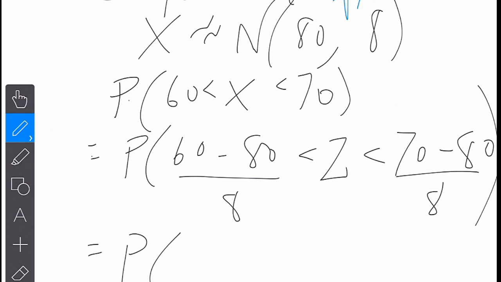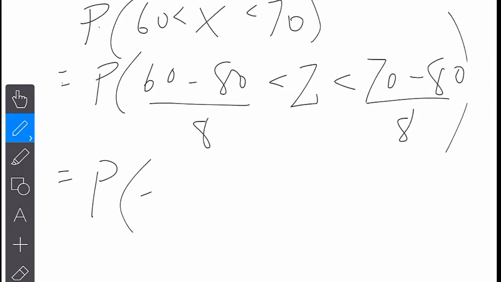And I get between negative 2.5, and I'm giving you enough time to plug this in, and negative 1.25.